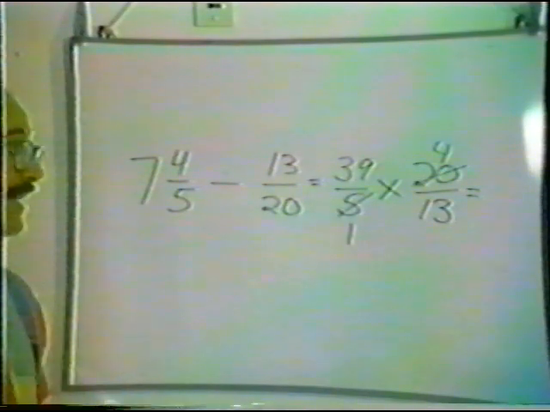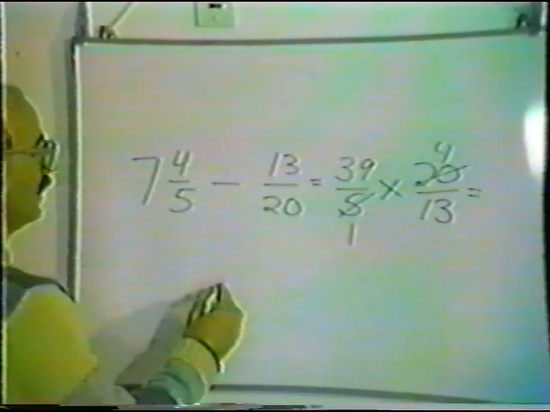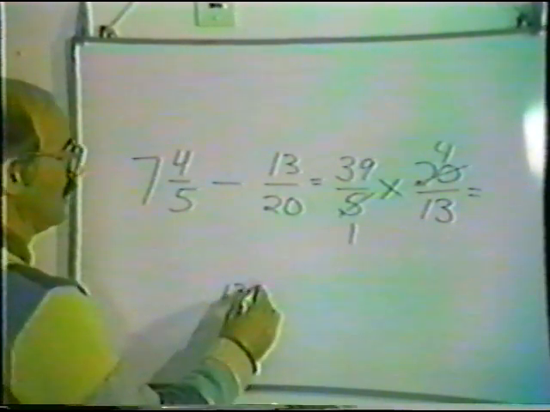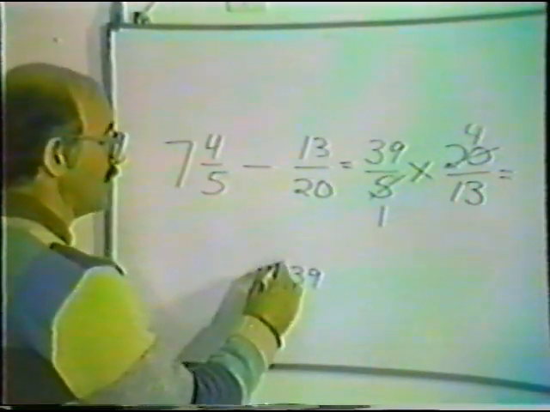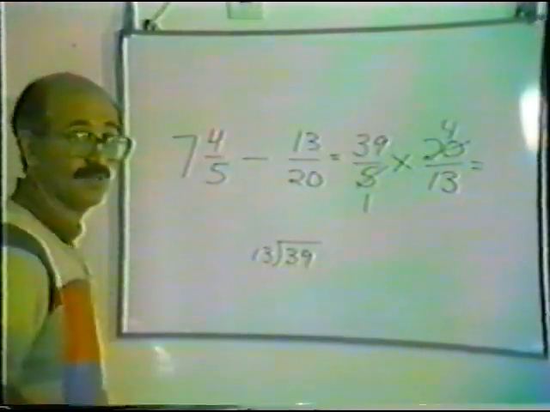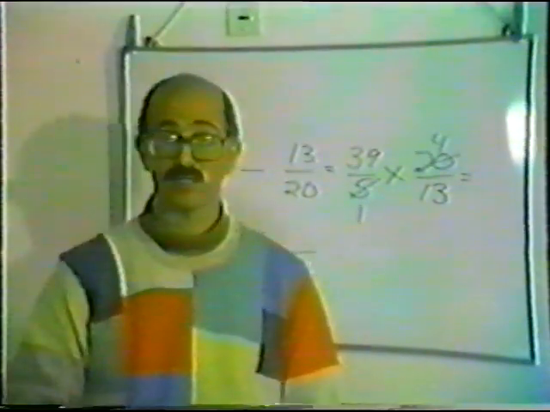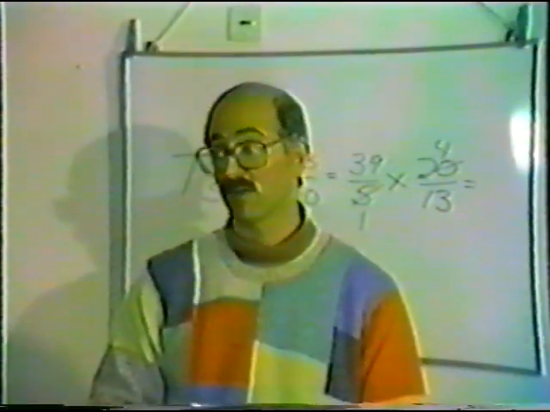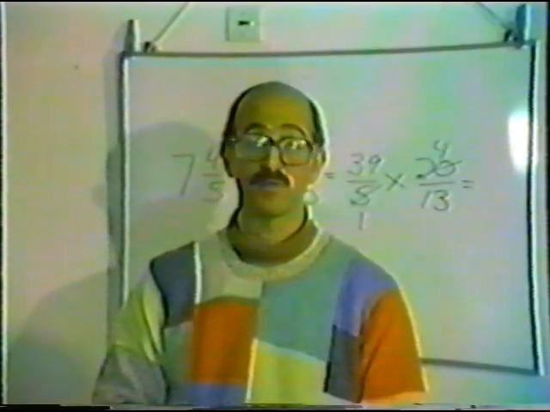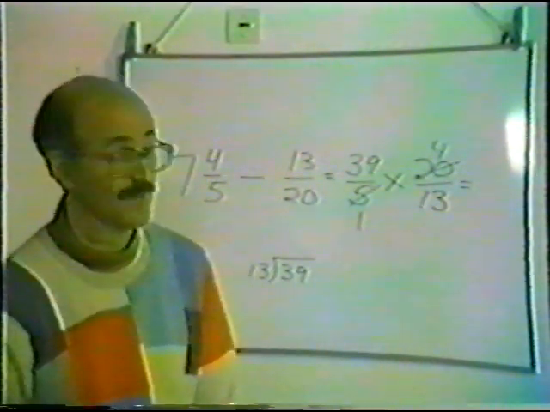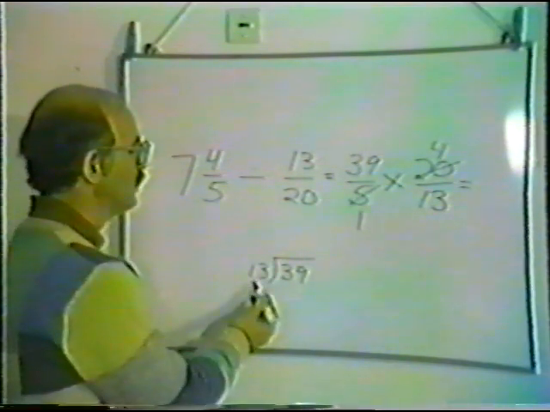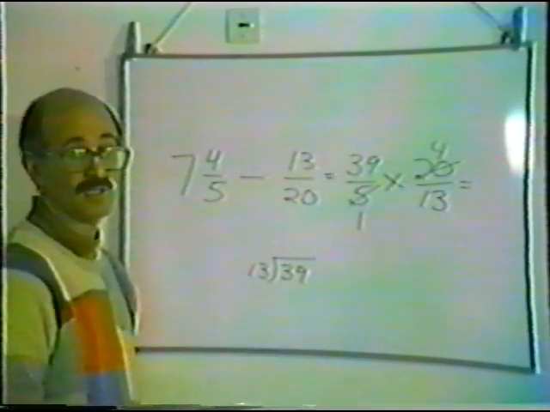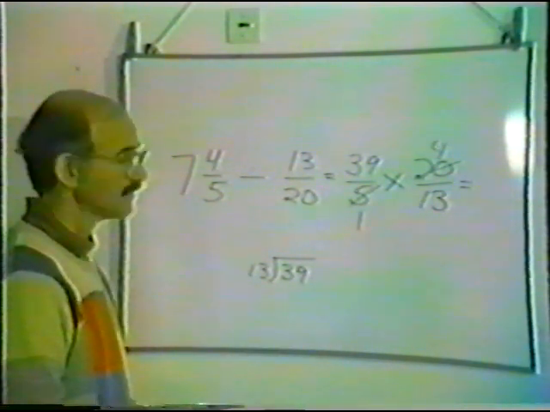Yes, I can. Let's try 13 into 39 and see if it goes evenly. That's the kind of cancellation that it's really easy to miss because it's not a number that you're familiar with and it's not on your times table. How many 13s do you think will go into 39? 3.